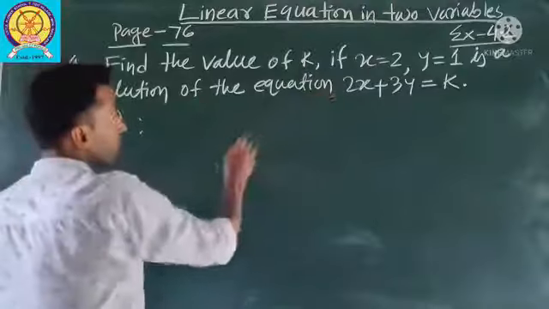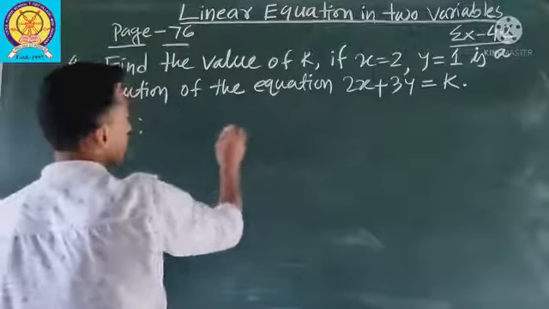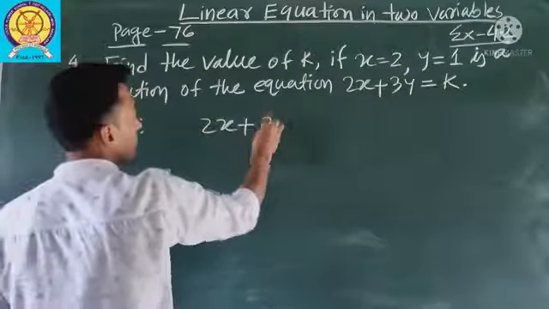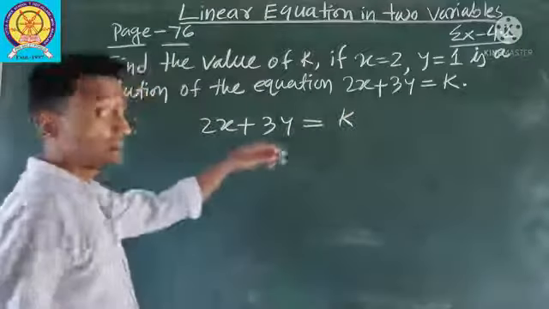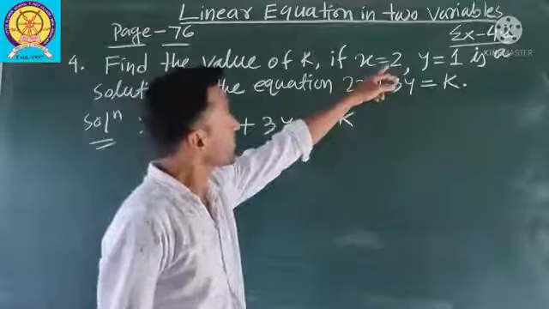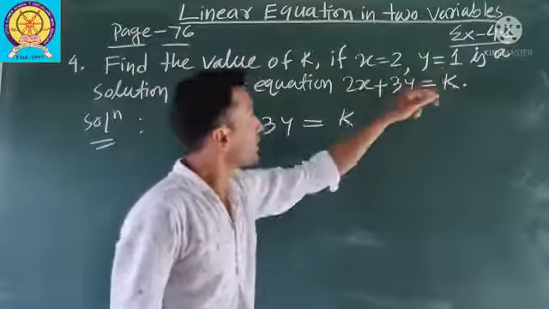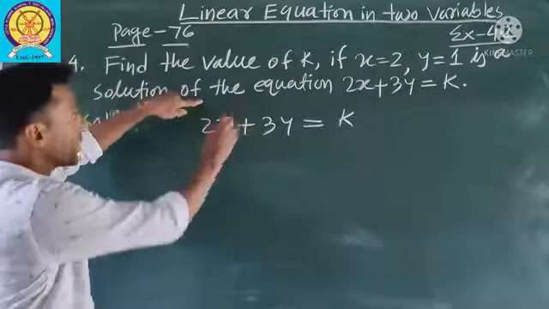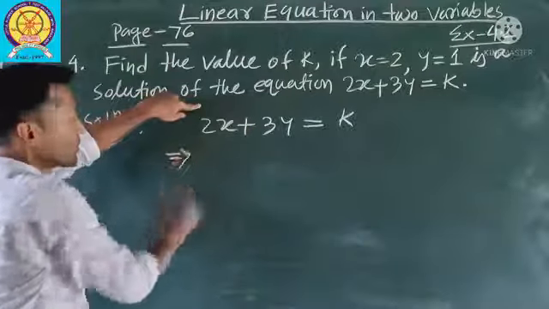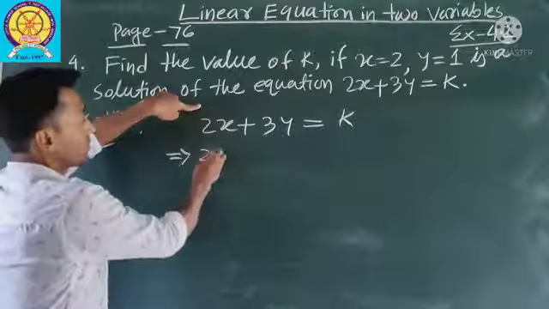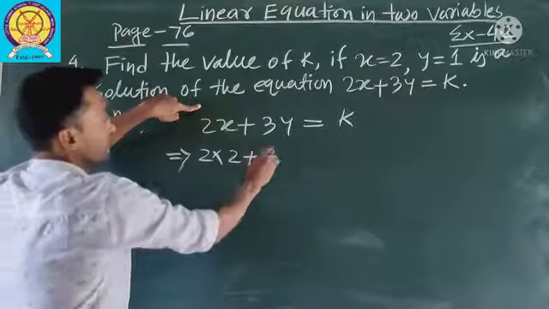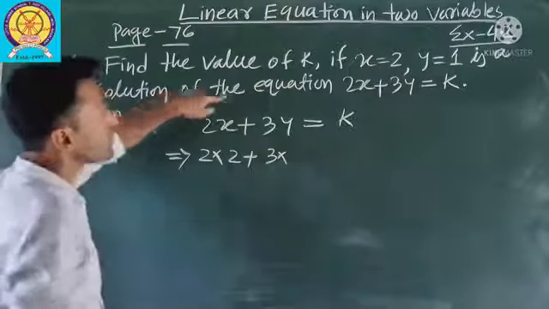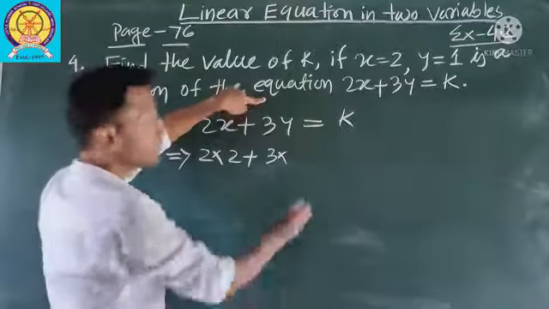So first you write your equation, 2x plus 3y is equal to k. X is given as 2, y is given as 1. So 2 into 2 plus 3 into 1 is equal to k.